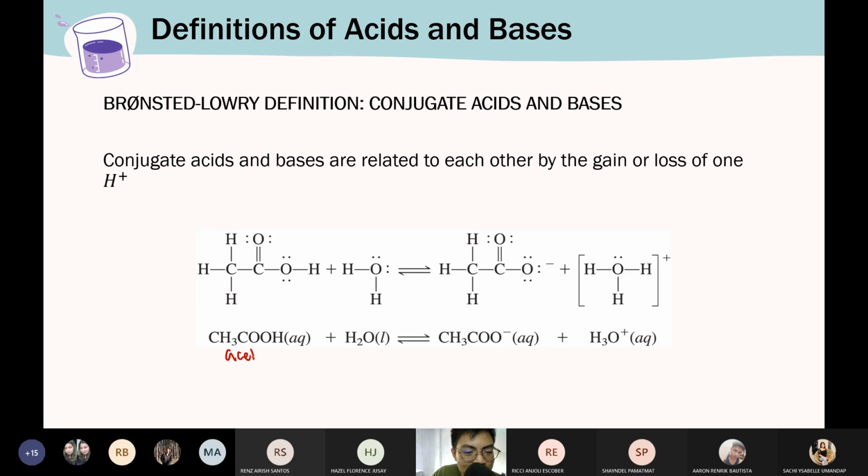So, this one is acetic acid. This is water. This is acetate. This is hydronium. Okay. So, identify nyo sino yung acid, sino yung base, sino yung conjugate acid, sino yung conjugate base.